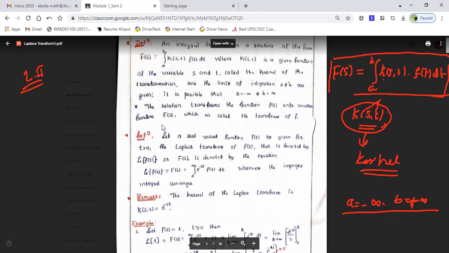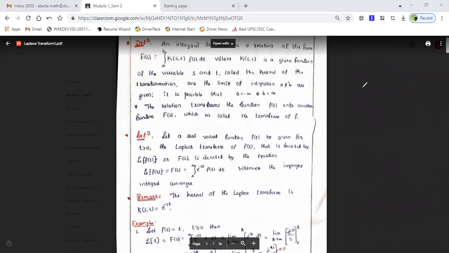In particular, when you come to the Laplace transform, how do we define it? Let us see. Let a real valued function be f of t, given that t is greater than 0. The Laplace transform of this function is denoted by, please remember, L of f of t within curly brackets, equal to, or it is also written as F of s.